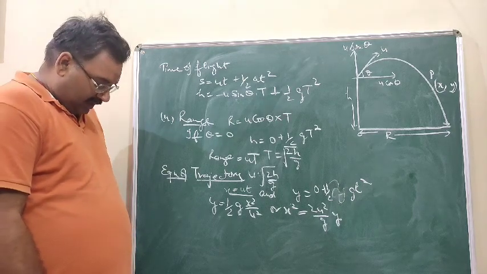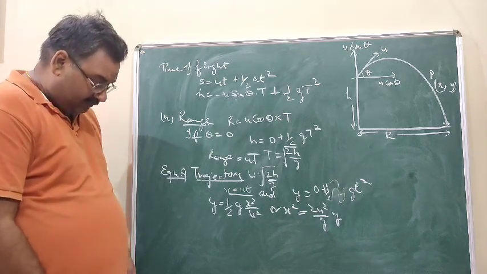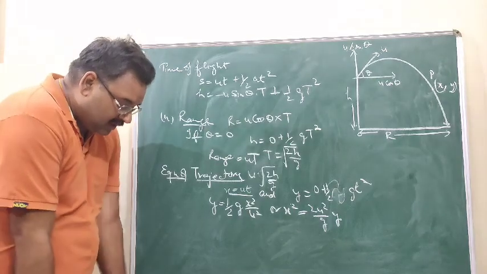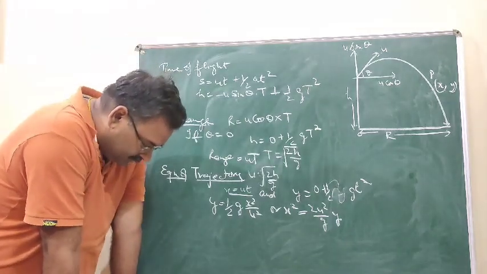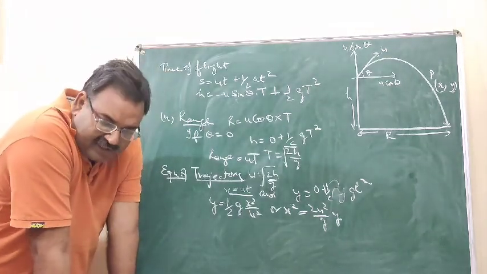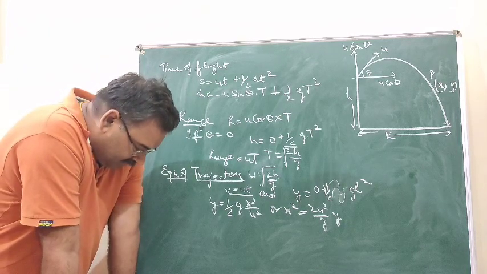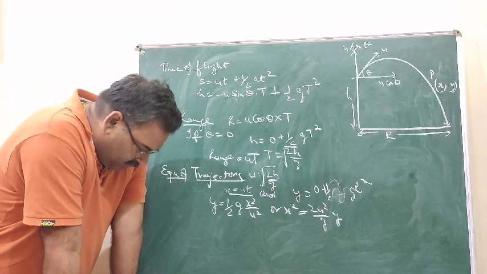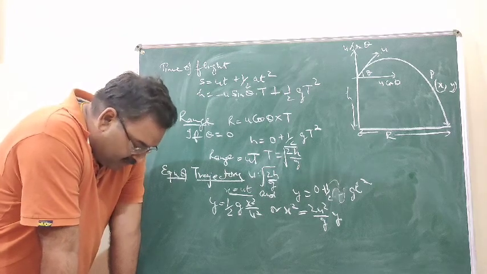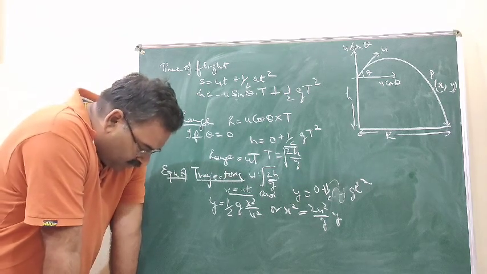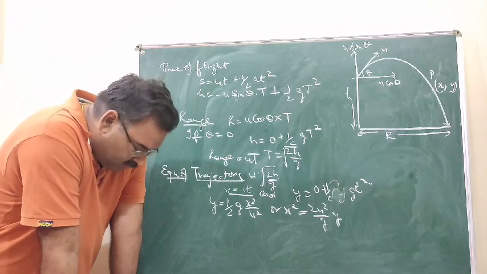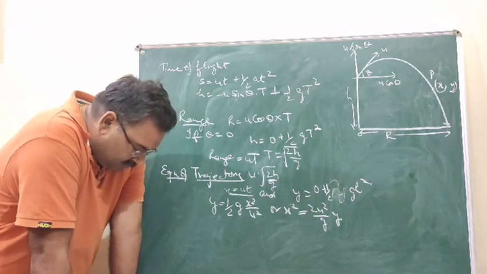Okay. The last thing that we have, effect of air drag on projectile motion. Here we had assumed that air resistance is 0. So if there is the presence of air resistance, then what will happen? Both the horizontal and the vertical velocities will be reduced.